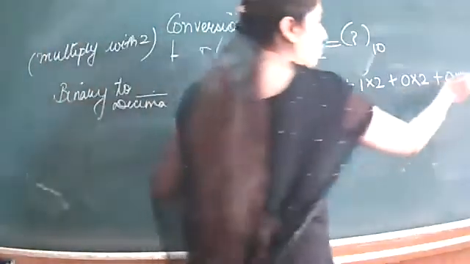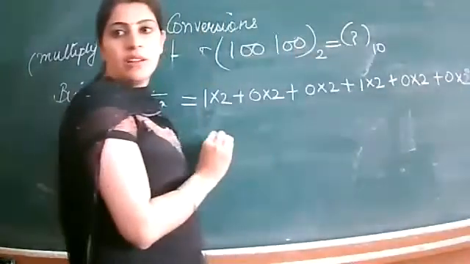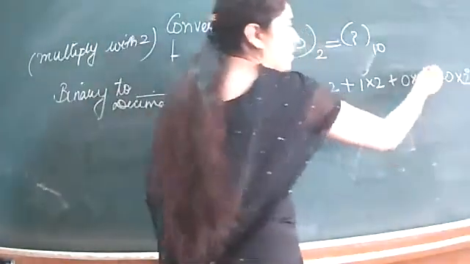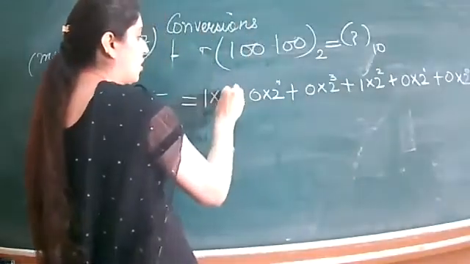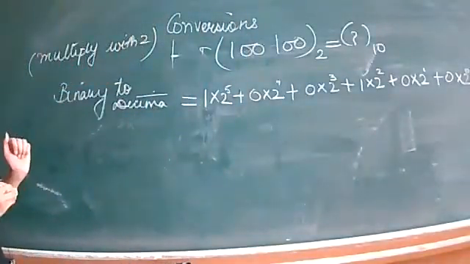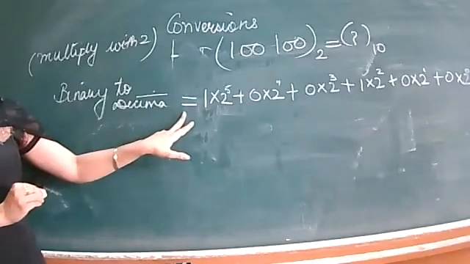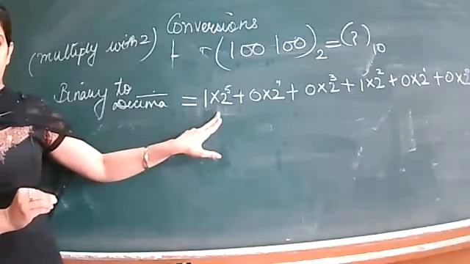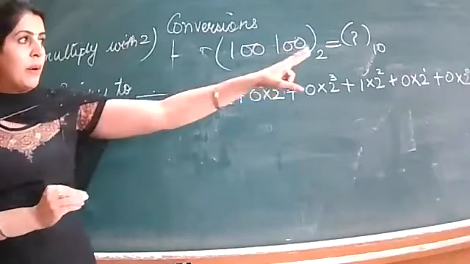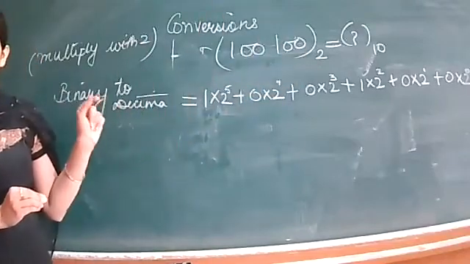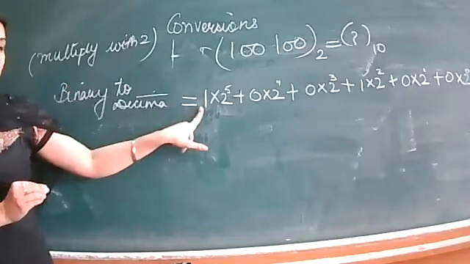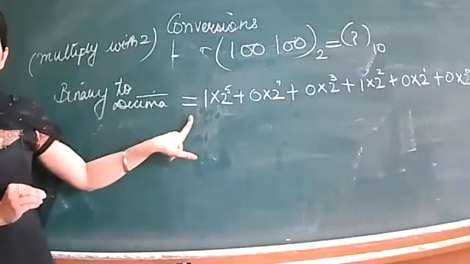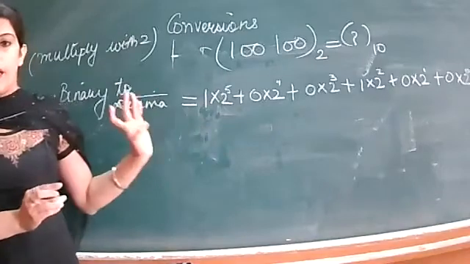So I am starting it from here: 2 raised to power 0, 2 raised to power 1, 2, 3, 4 and 5. First step, simply multiply every digit with 2. Second step, put the powers in increasing order starting from 0, 1 and so on up to the last digit, wherever it goes, and then you have to add them.